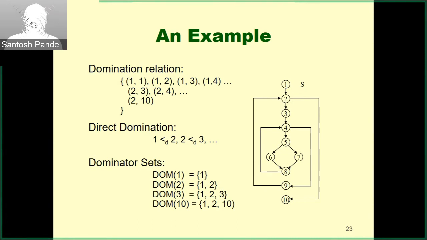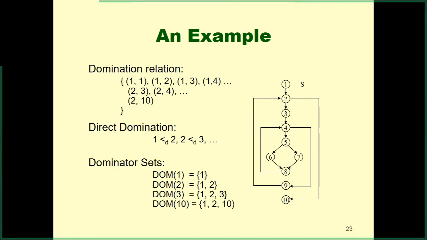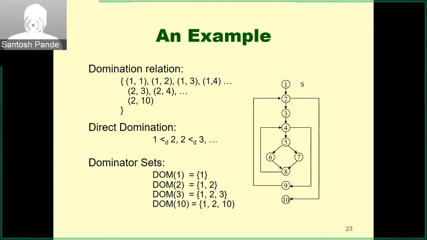Okay, but that 9 does not lead to any path to 8, and therefore 9 is not really part of the inner loop formed from 4, 5, 6, 7, 8. So that's the important notion here to keep in mind.